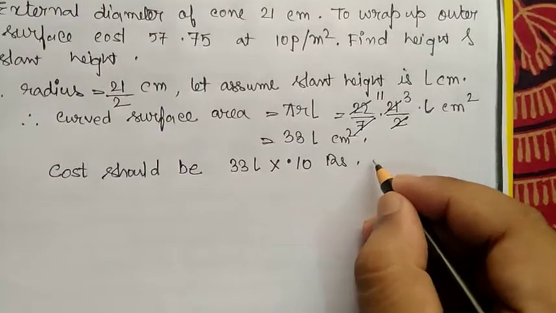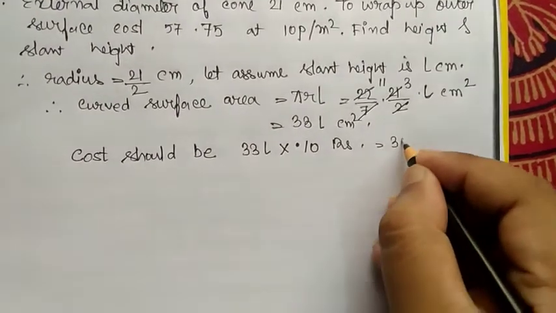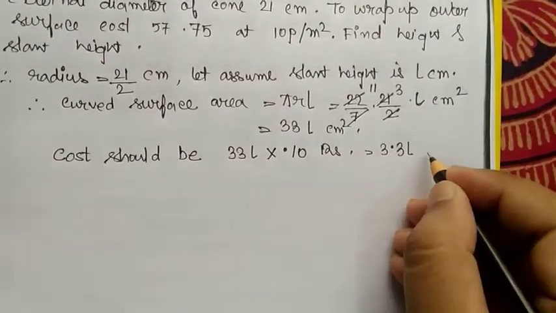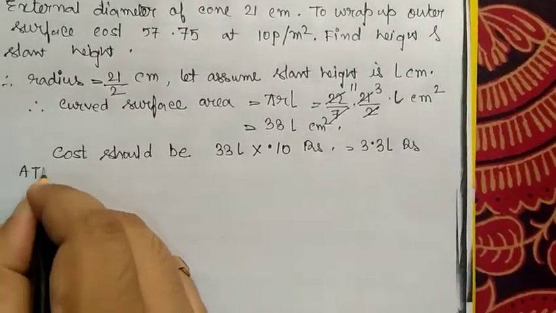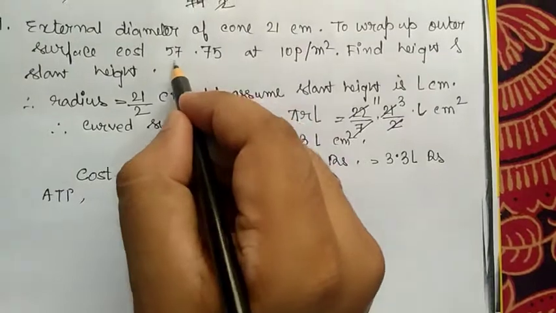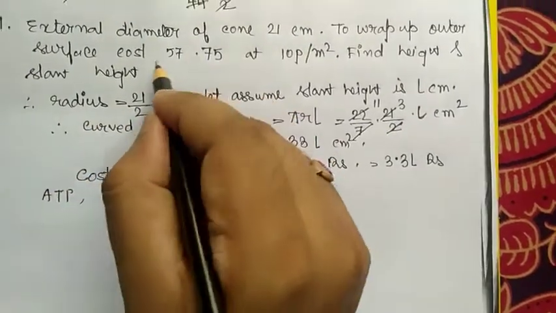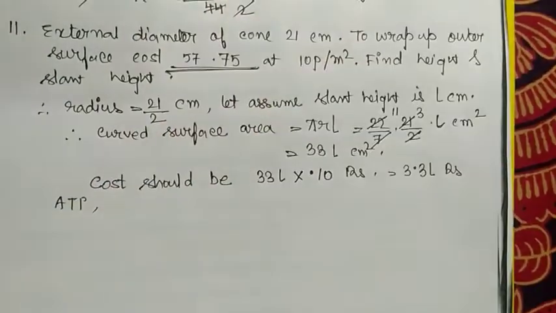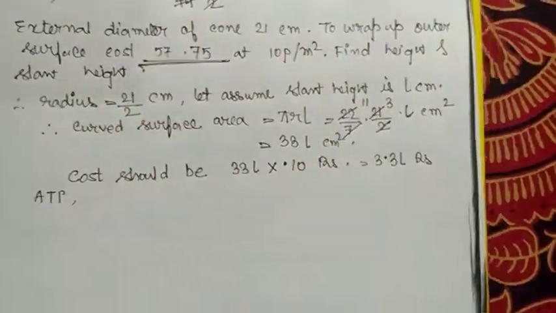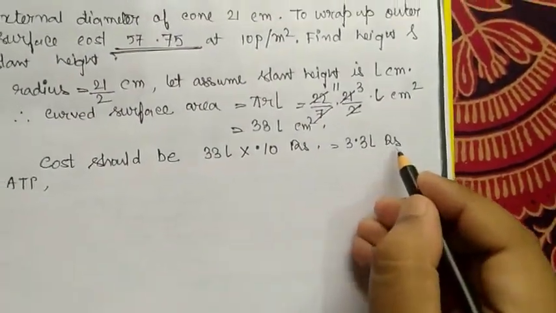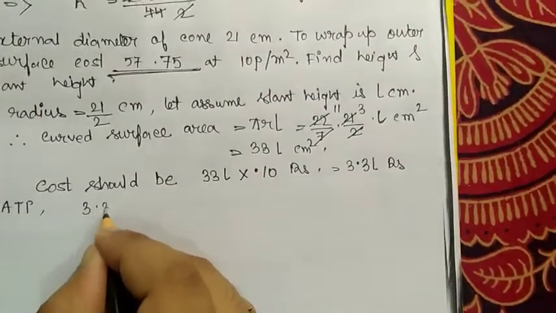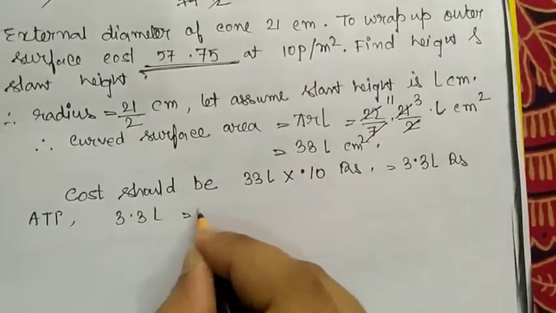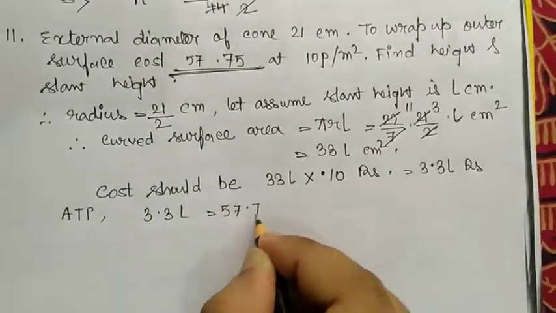So the answer should be 3.3L rupees. According to the problem, the total cost of the lateral surface area is 57.75. So we can say that 3.3L equals 57.75.